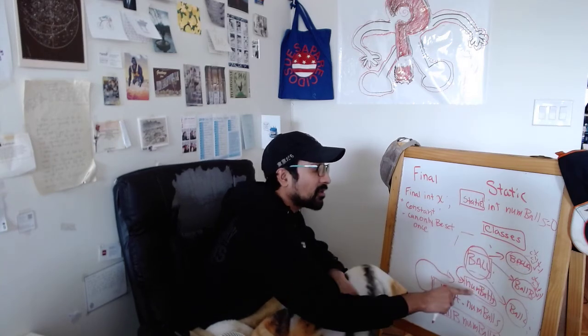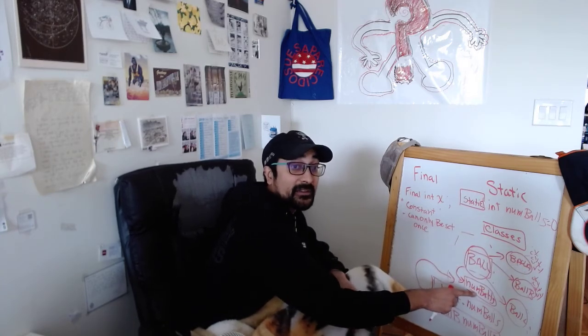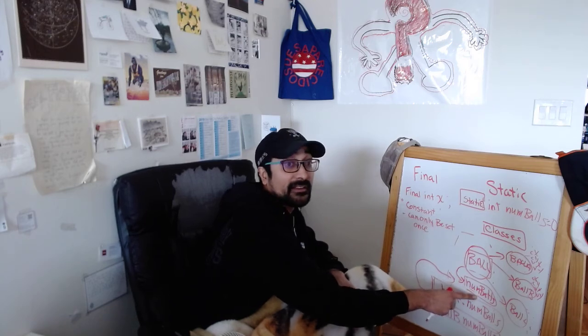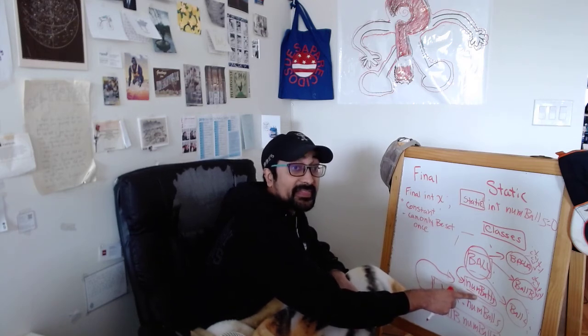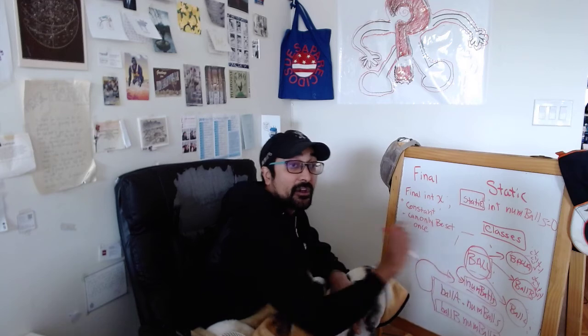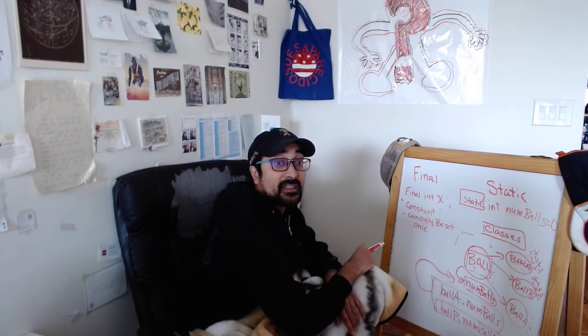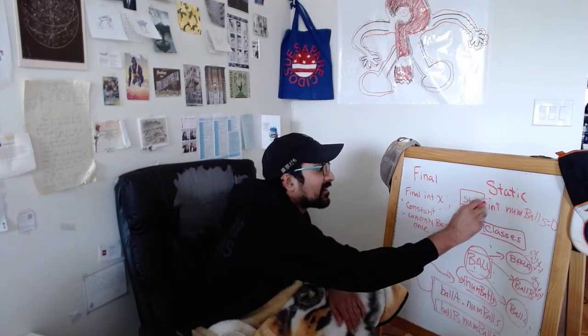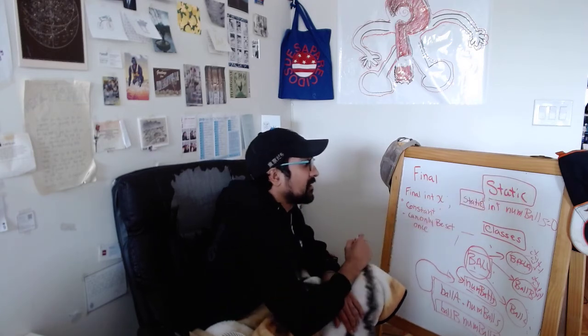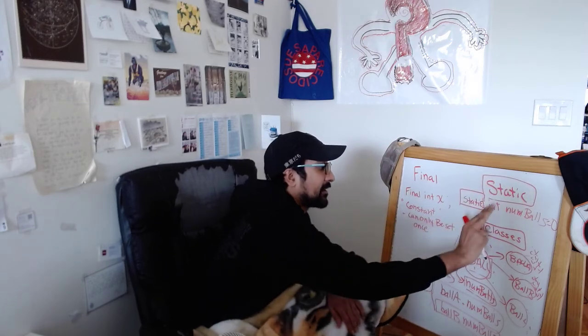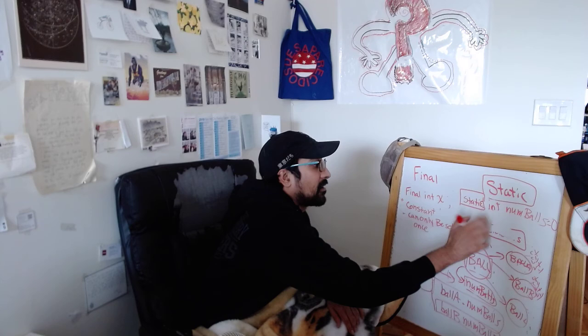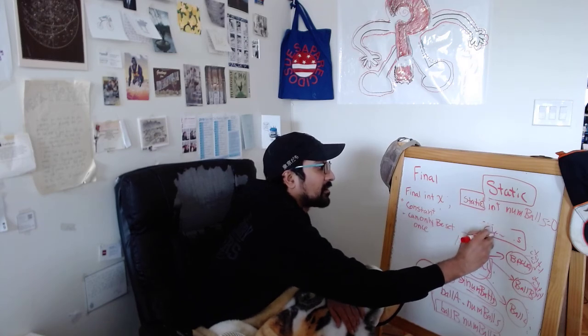But the actual variable itself, there's only one numBalls in existence, right? And that is shared by all the instances and is part of the class itself, right? And we can get to it by the class itself. So that's static, all right?